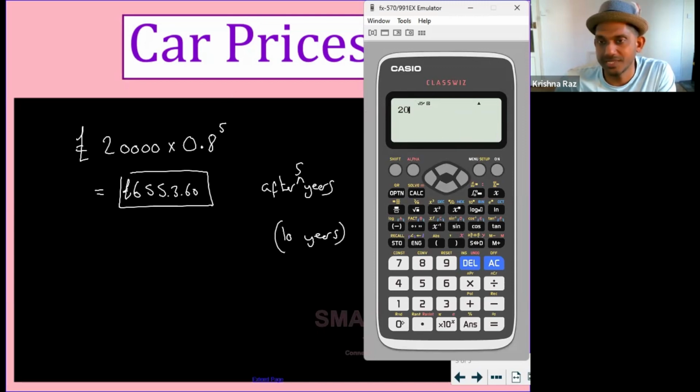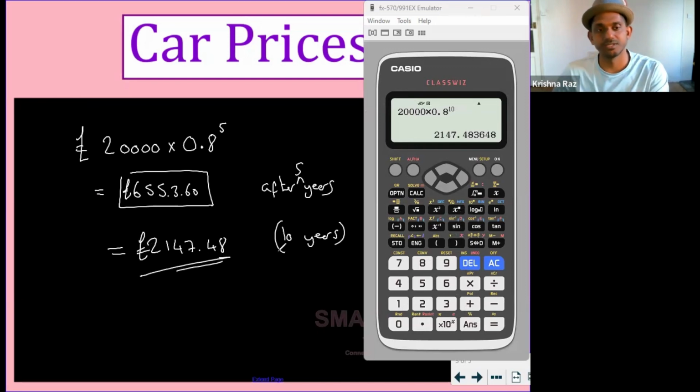We would do 20,000 times 0.8 to the power of 10. £2,147.48 after 10 years.